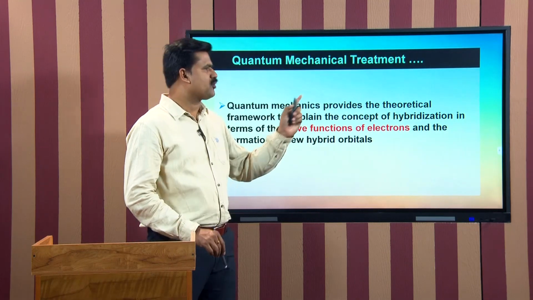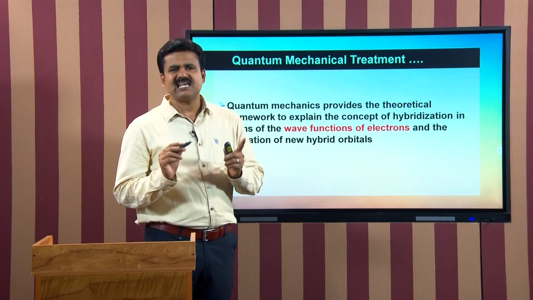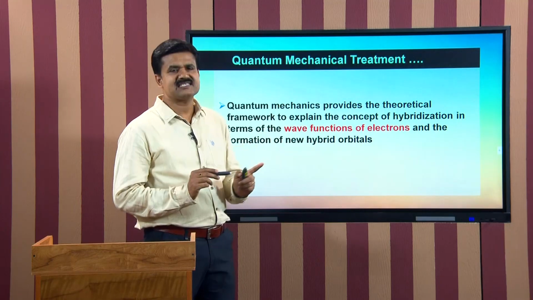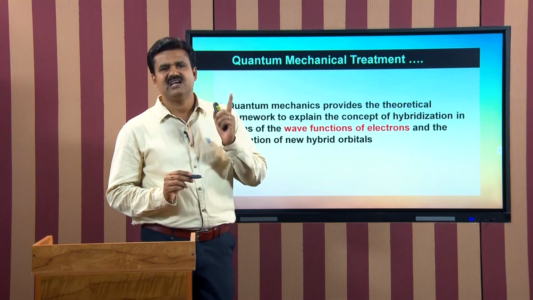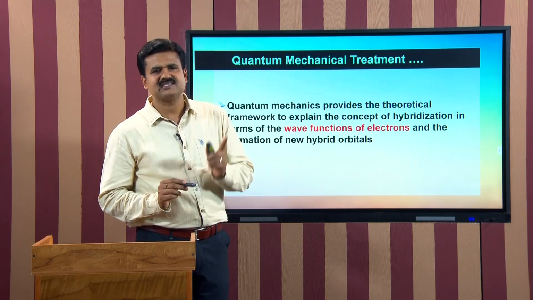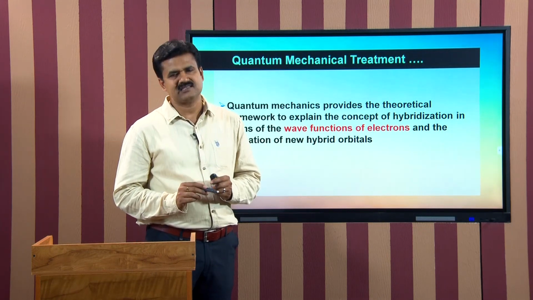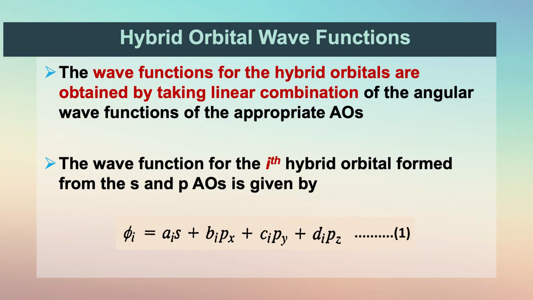Quantum mechanics provides the theoretical framework to explain the concept of hybridization in terms of wave functions of electrons and the formation of new hybrid orbitals. The wave functions for hybrid orbitals are another important part of the quantum mechanical treatment.